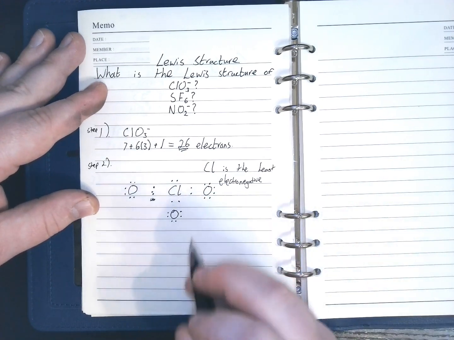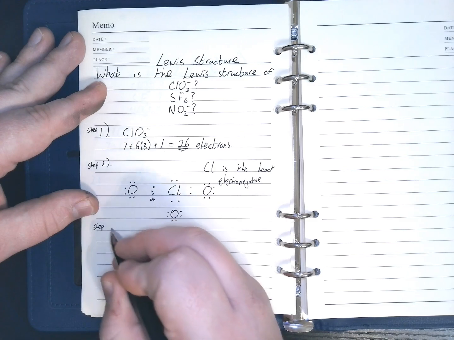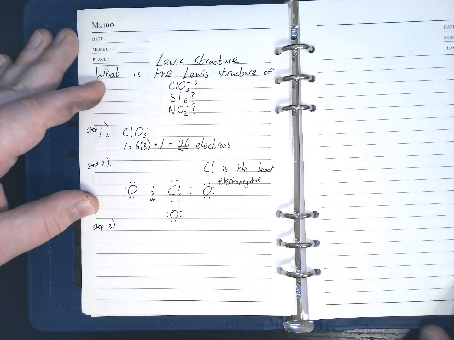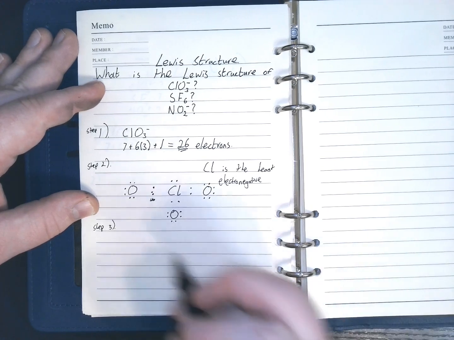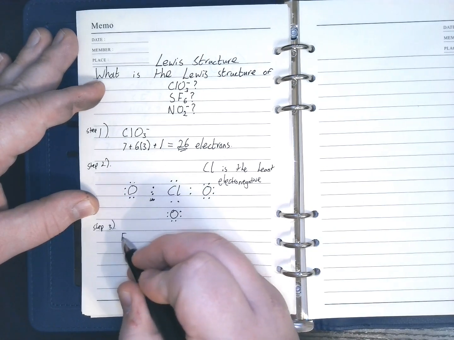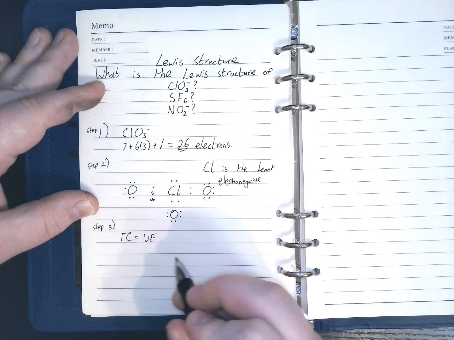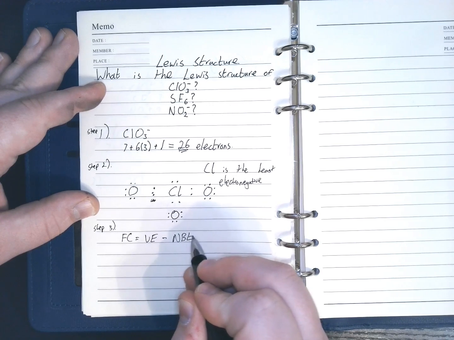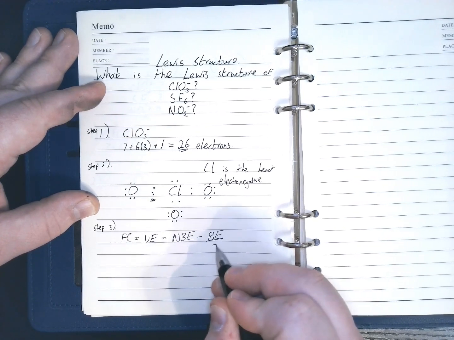So now we have our basic Lewis structure. We can move on to step 3. Step 3 is going to be determining the bonding and how many bonds there are. And we're going to follow our formal charge method. Formal charge is equal to the valence electrons minus the non-bonded electrons minus the bonding electrons divided by 2.